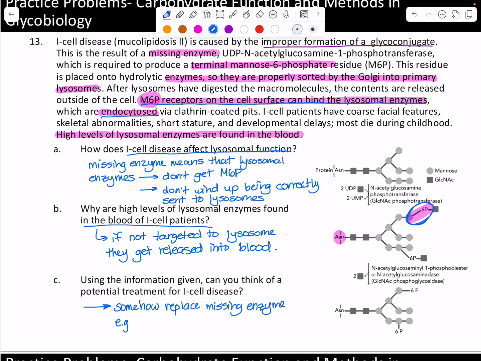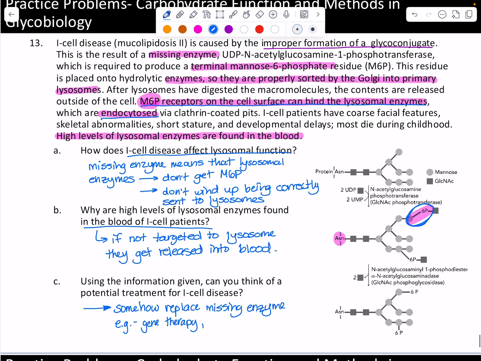In this case, you introduce the gene for the missing enzyme, or you introduce a functional gene. Or you could have a purified form of the enzyme that you could somehow deliver into the cell.